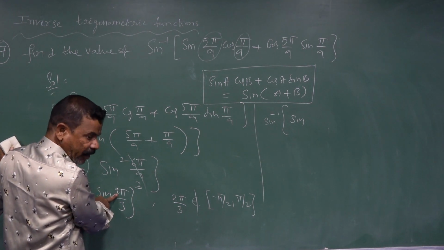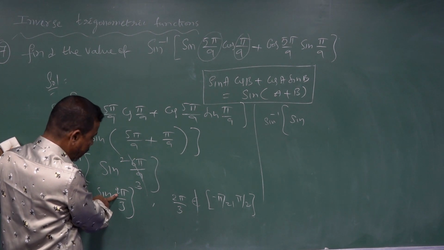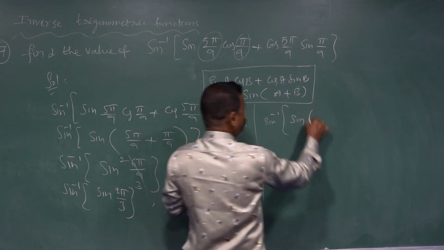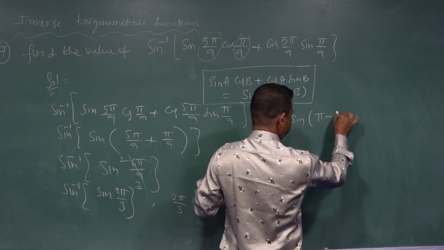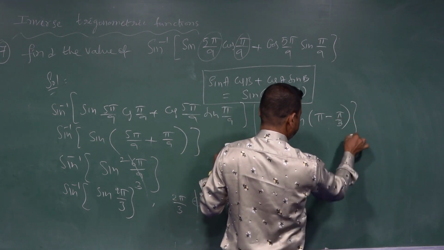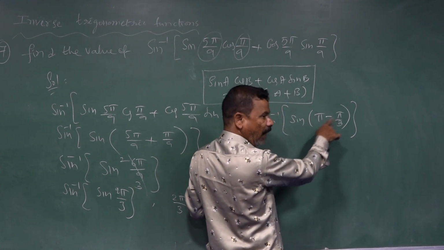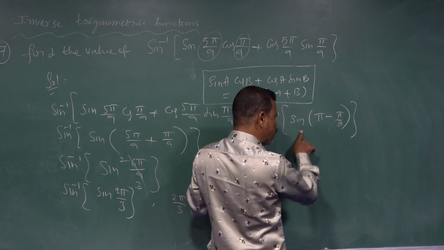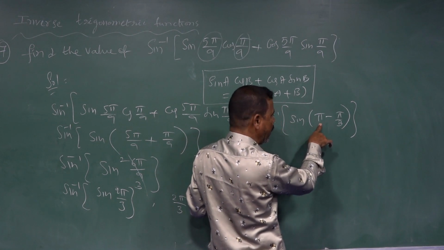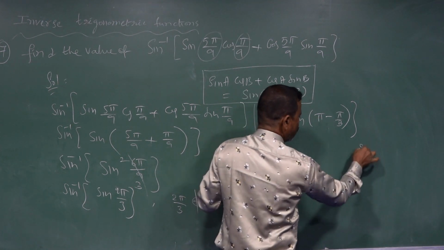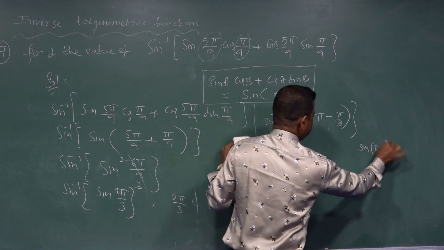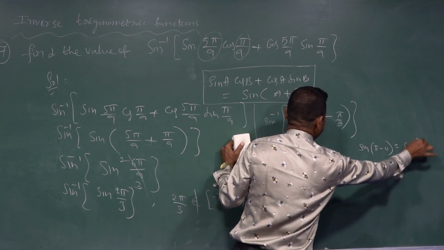120 is written as 180 minus theta, where theta is 180 minus 120, that is 60, 5 by 3. So now this is in the second quadrant. In the second quadrant, sin of 180 minus theta is equal to plus sin theta.